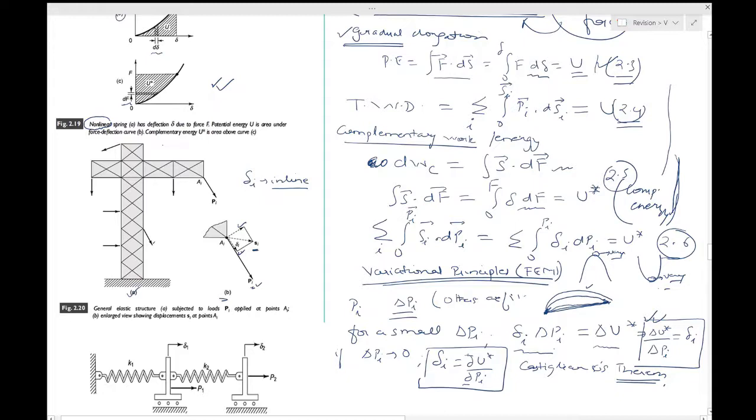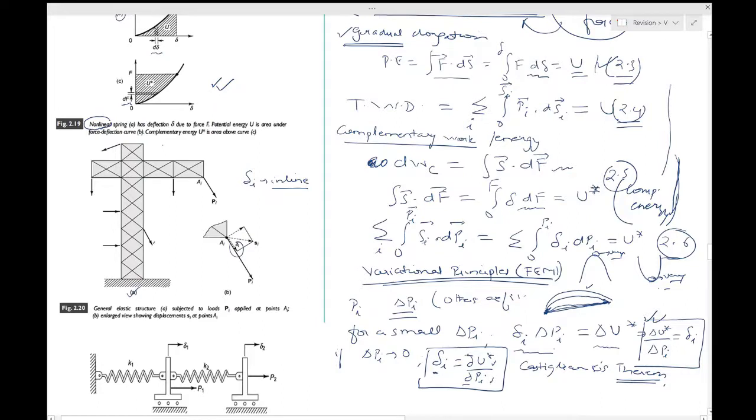As you have seen, it does not assume linear systems anywhere; we started off with a non-linear system. So what this tells you is that you can find the inline displacement delta i if you have the complementary energy written in terms of the loads.